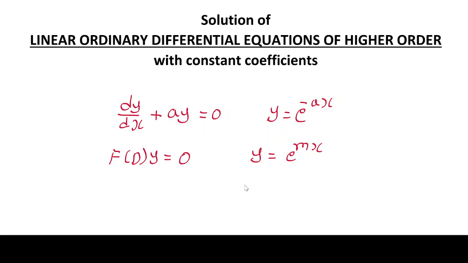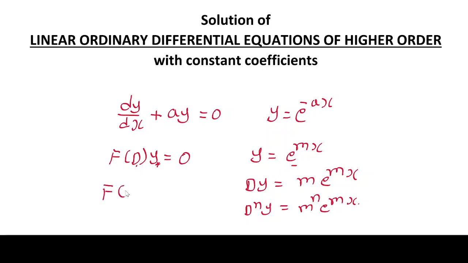Then if I consider Dy, this becomes m into e power mx. D square y will be m square into e power mx. D power n into y will be m power n into e power mx. When I substitute y as e power mx in this differential equation, this reduces to the form f of D, where every D will be replaced by m. Whenever I had D, this becomes m.